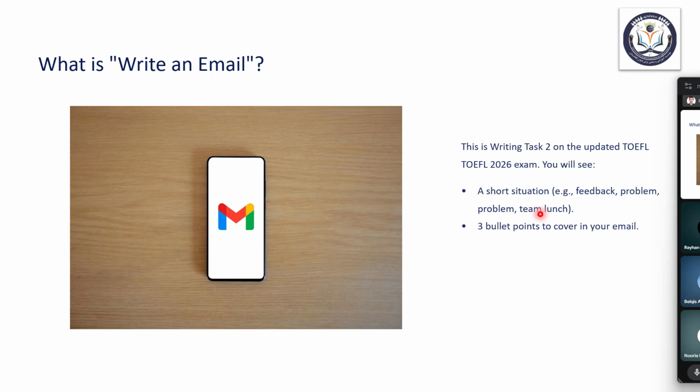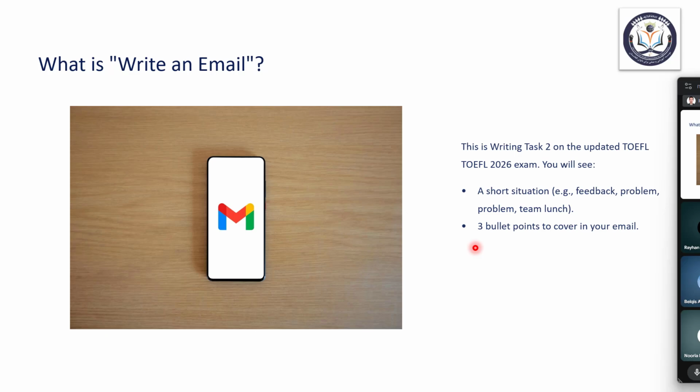So similar to these issues. The point is, first, the email introduces a specific situation, a specific scenario, and then it gives us 3 bullet points that we are supposed to cover in our response to the email.